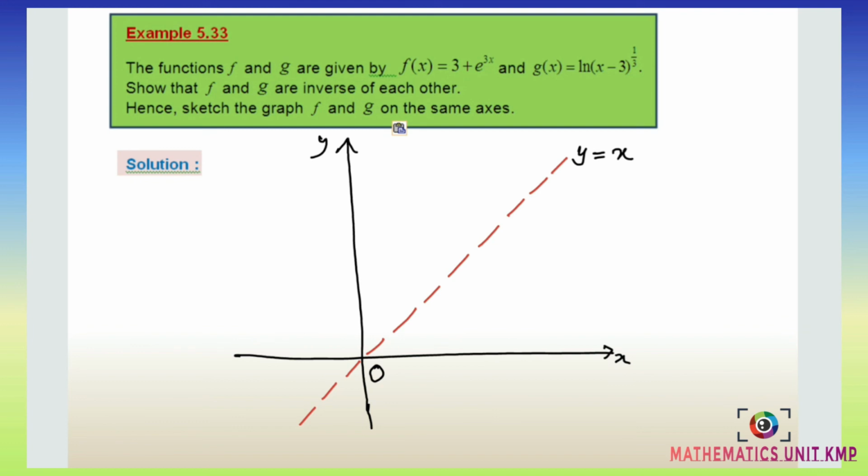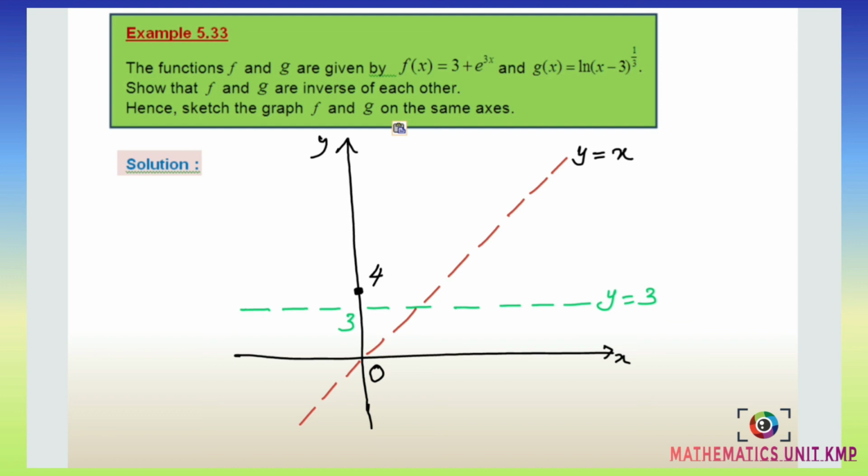To sketch it, first sketch the horizontal asymptote y equals 3. And the graph intercepts the y-axis at 4.